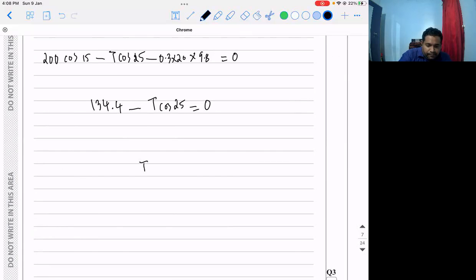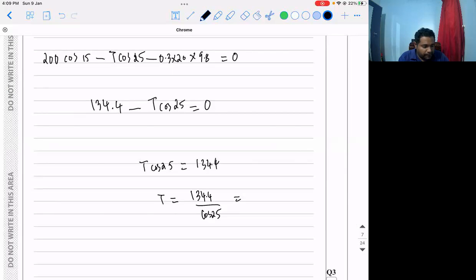So T cos 25 is 134.4, so T is equal to 134.4 divided by cos 25. Please plug these values: 134 divided by cos 25.